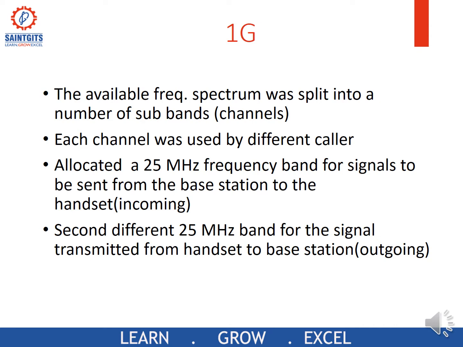Each channel is allocated a 25 MHz frequency band for the signals sent from the base station to the handsets, which are called incoming signals. Another 25 MHz band for signals transmitted from handset to base station is allocated, which are called outgoing signals.